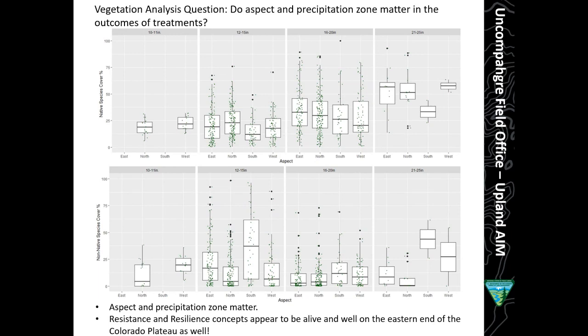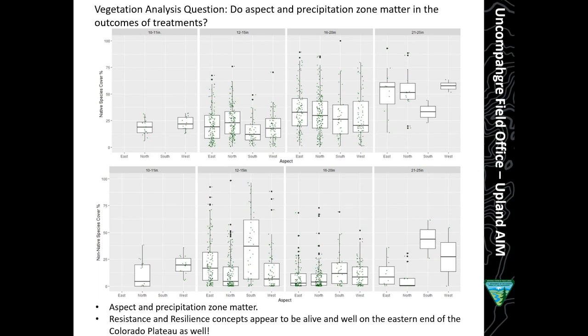Conversely, looking at the figure below, non-native species, we see that in that 12 to 15 inch precip zone, south aspects really support invasive species establishment compared to north and west aspects, and I still remain perplexed by that east figure, but nevertheless.